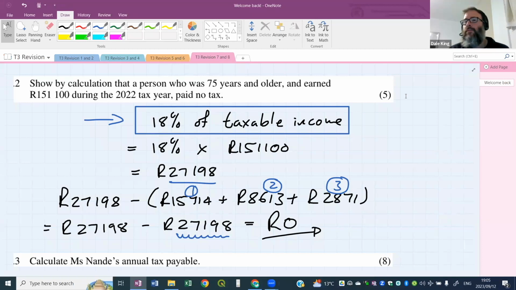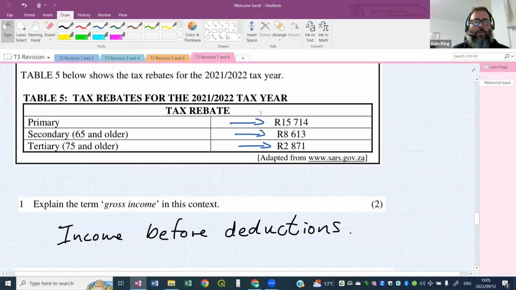Yeah, that's another thing I wanted to unmute for. I didn't really find it fair for a person that is so young getting so much benefit compared to a person that's so old. So we got 15,000 for someone below 65. The person 65 and older adds on another rebate of 8,600. So you put them together.